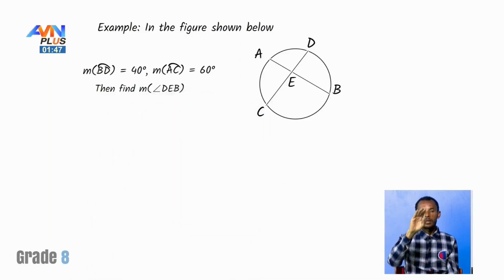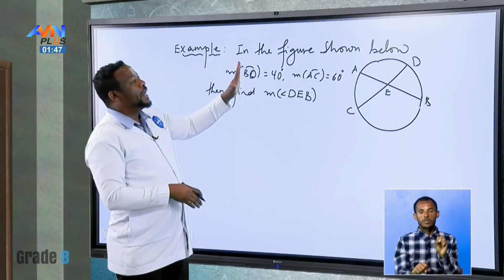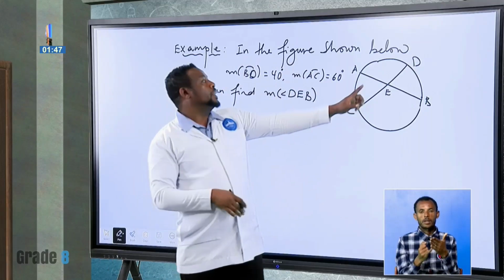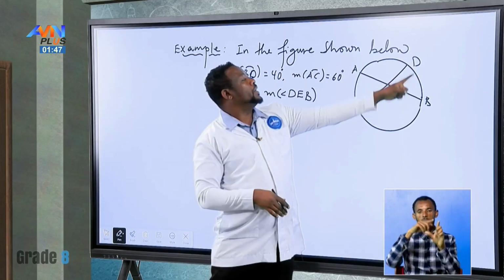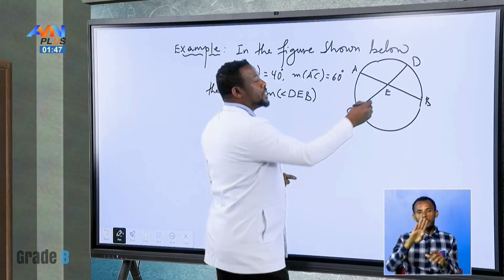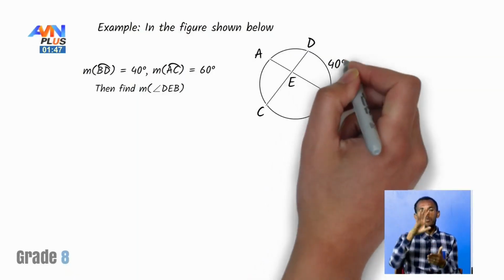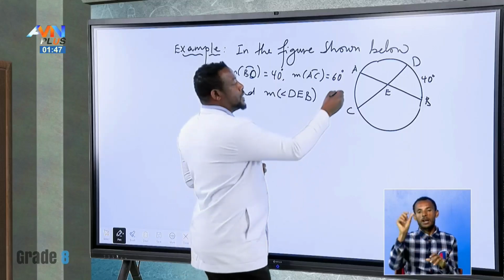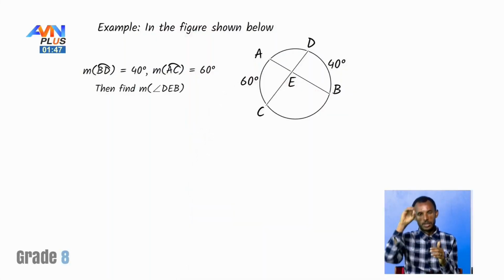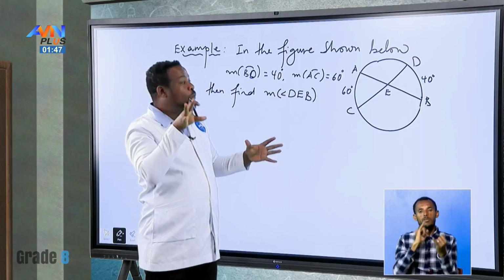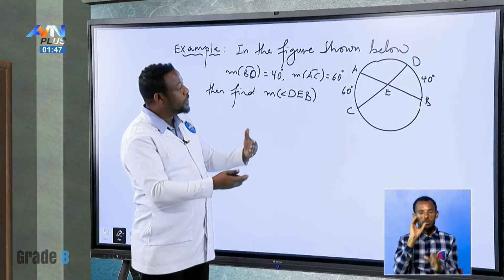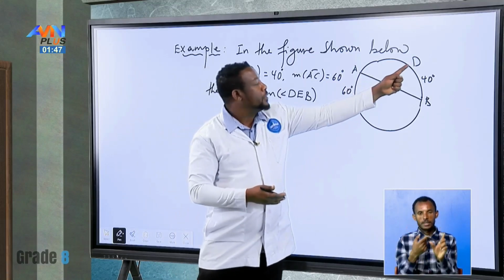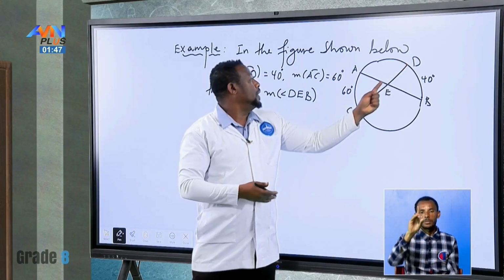So in this figure, what is given: the degree measure of arc BD, or DB, is given. This is 40 degrees. And the degree measure of arc AC is given. This is 60 degrees. So based on this information, we are asked to calculate the degree measure of angle DEB.